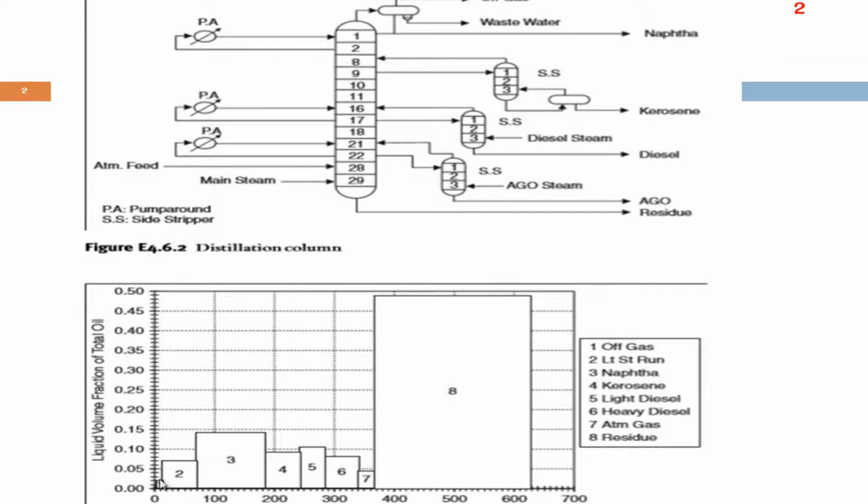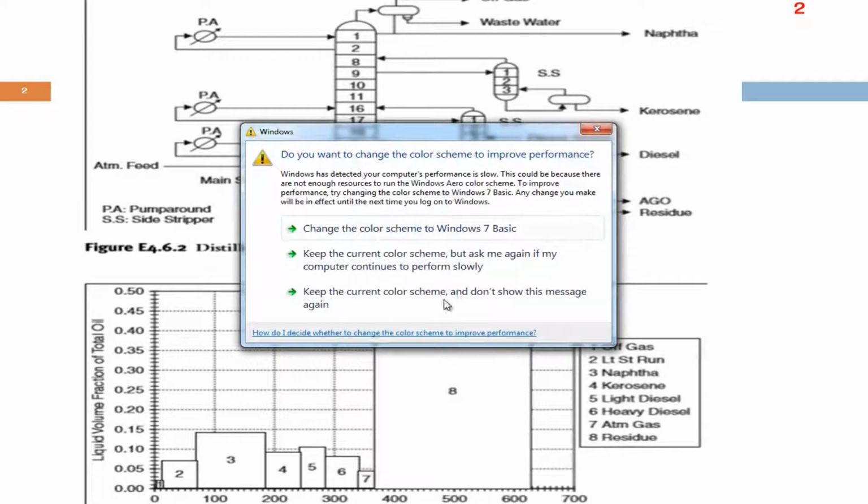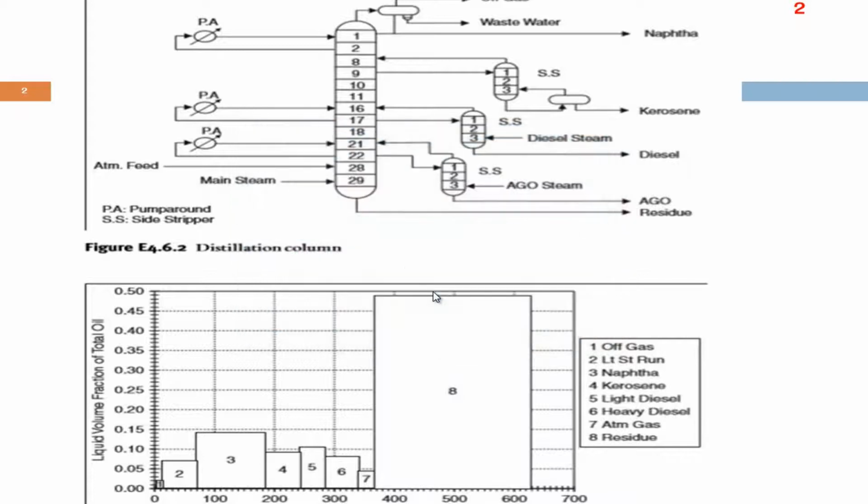Off gas can be used as the energy source for heating the unit, while the straight run gasoline can be used directly in the gasoline pool.